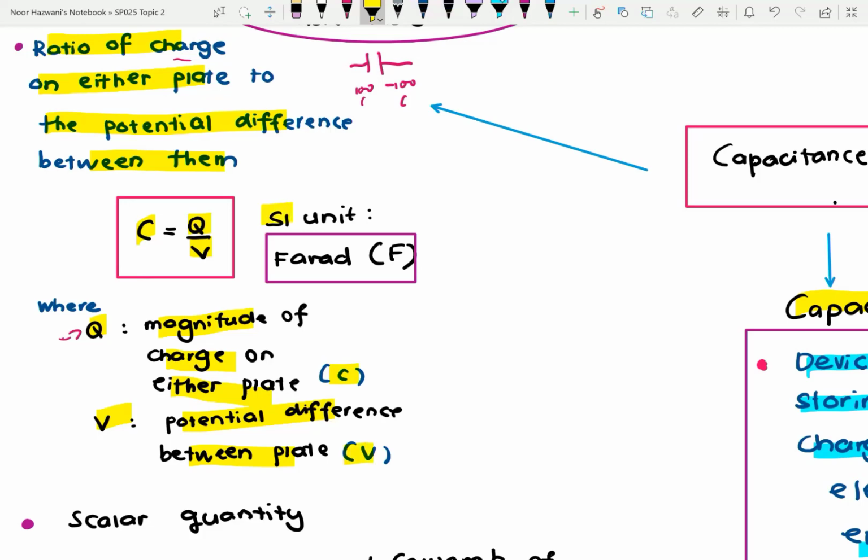And the SI unit for capacitance is farad. But then in the question, it always give you in the units of microfarad, so you have to convert into SI unit. So for example, if the question give you 10 microfarad, then you have to convert into farad. So you will get 10 times 10 power of negative 6 farad.